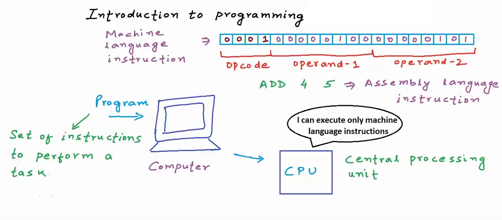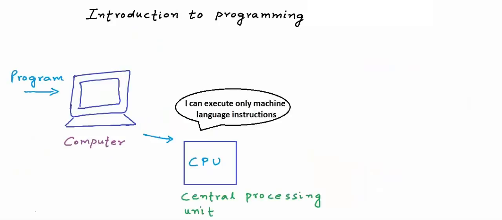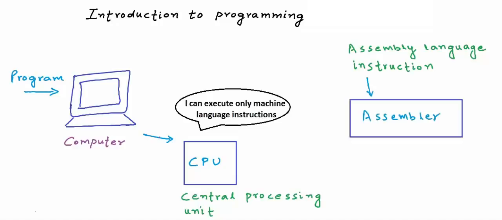But wait a minute, didn't I say that CPU that has to execute all the instructions will understand only machine language instructions? This guy is shouting it out loud here that I can execute only machine language instructions. So how can we write program in assembly language or whatever we are talking here? Well, you can write your logic in assembly language, and then you can pass the assembly language instructions to a program named assembler, and this assembler will generate machine language instructions corresponding to the assembly language instructions.